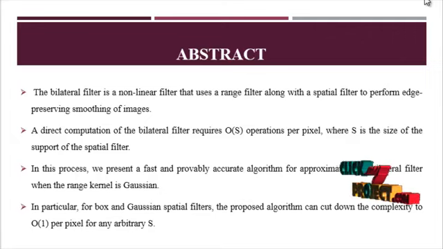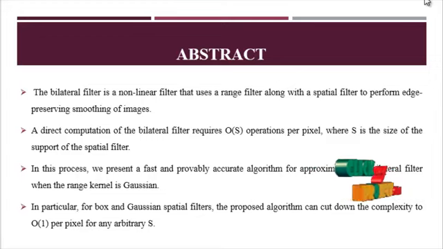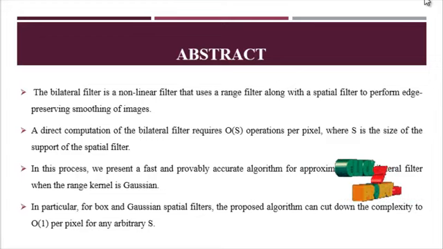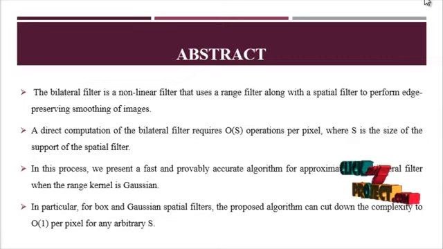In this paper, we present a fast and provably accurate algorithm for approximating the bilateral filter when the range kernel is Gaussian. In particular, for box and Gaussian spatial filters, the proposed algorithm can cut down the complexity to O(1) per pixel for any arbitrary S.